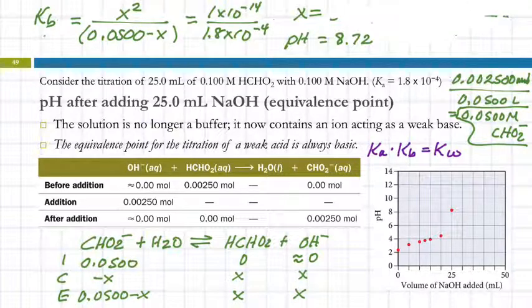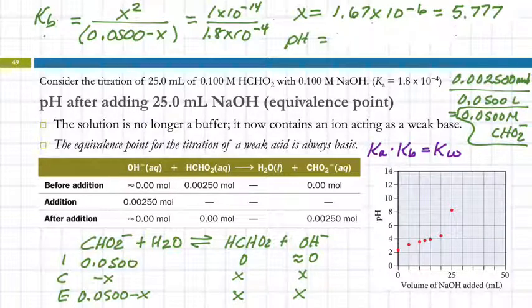Okay. So doing it correctly, I get 1.67 times 10 to the minus 6. Is that what you guys got? Yes. Okay. For the OH. So that gives us a POH of 5.777, and a pH of 8.2.